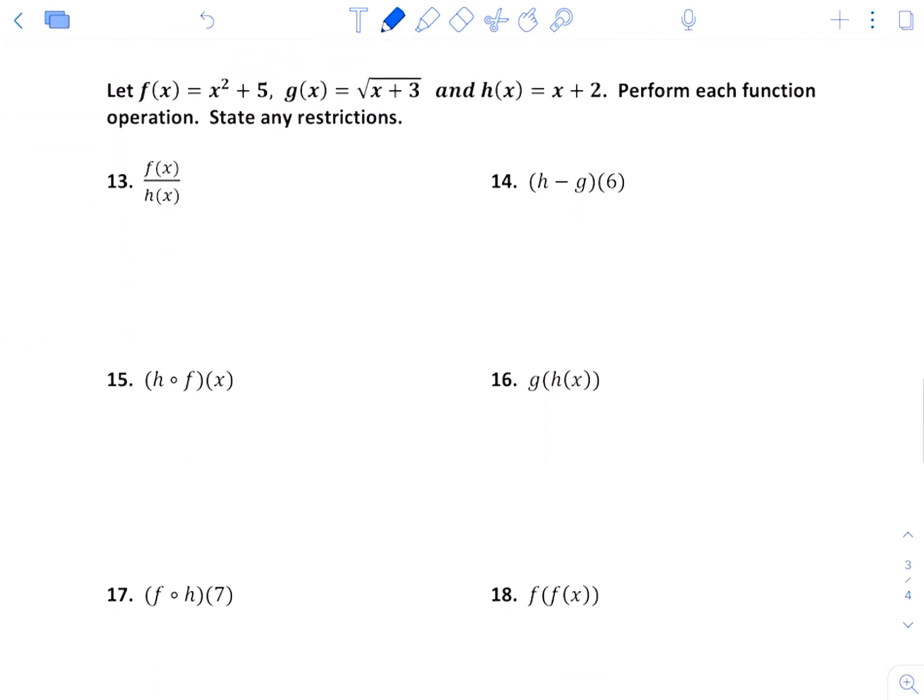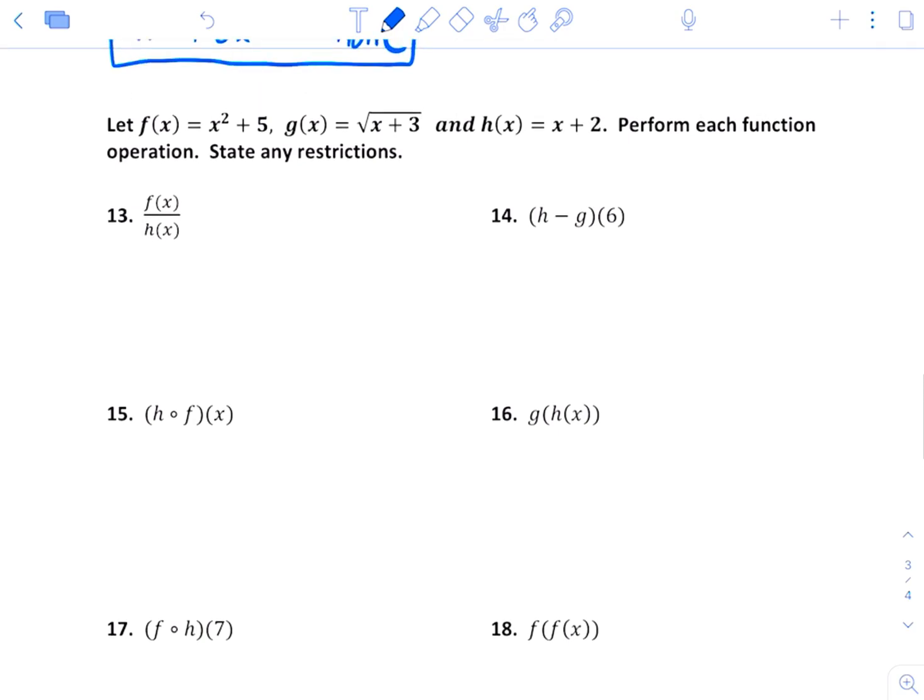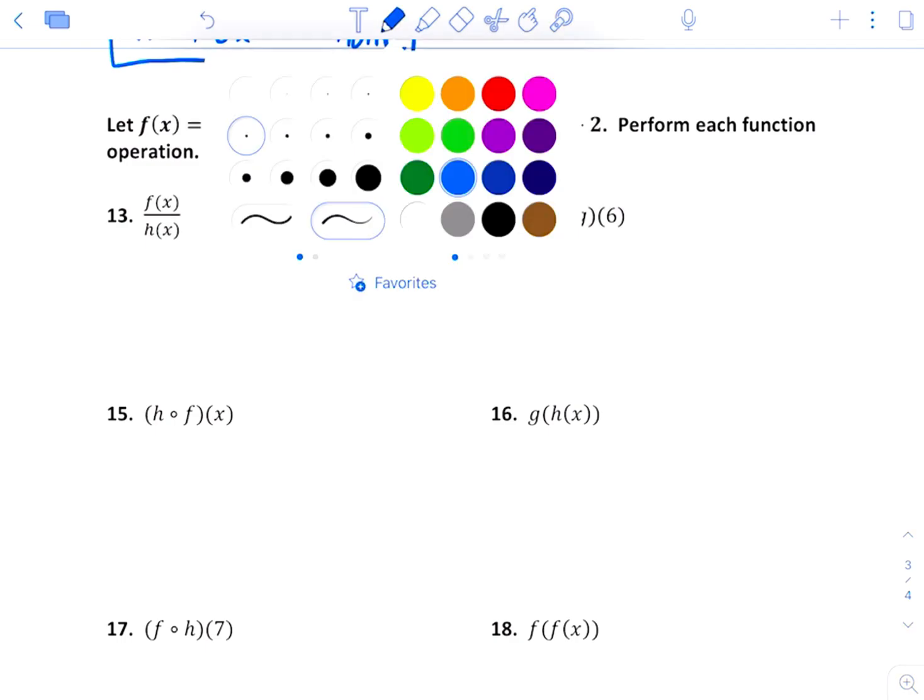All right, so we're going to continue with some more practice. Okay. So as we look at these problems, this time in one of my original equations, I'm dealing with a square root. So I do have a restriction for my g function. So I'm going to write that down.